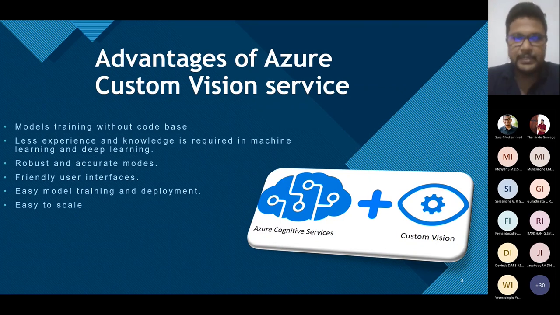The simplest idea is how to use machine learning services without coding or expert knowledge. All we need to know is how to call an endpoint in order to integrate these things in our application. So that's the second point: less experience and knowledge is required in machine learning.